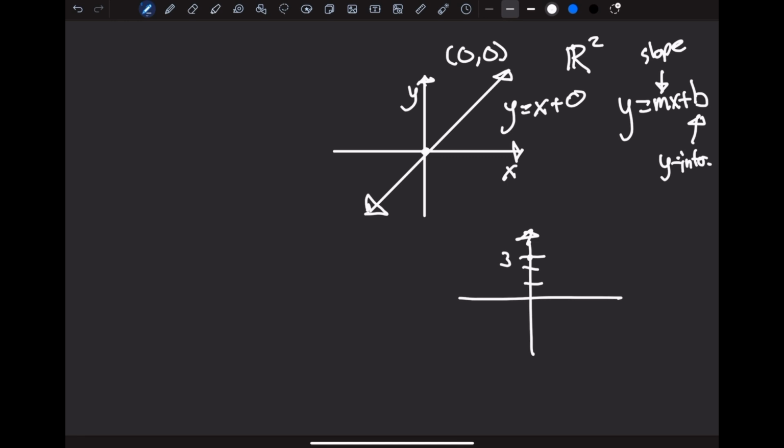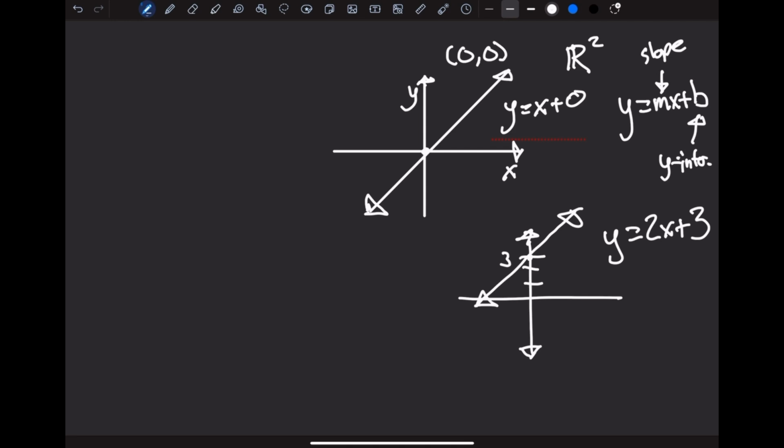So here, the line will cross the y-axis at y equals 3, x equals 0. Our equation would look something like, let's say our slope is 2 and our y-intercept is 3.